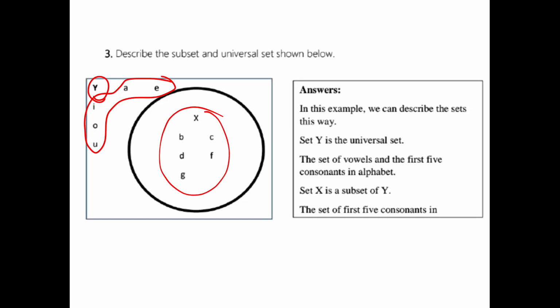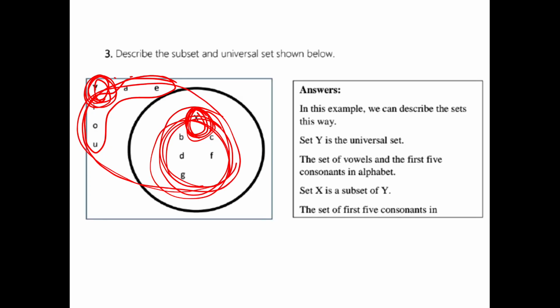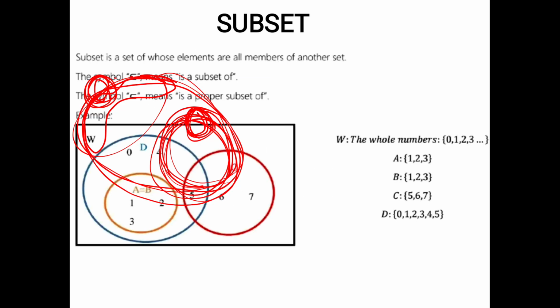So set X is a subset of Y. Therefore, it means that all elements found here come from the elements of Y. So Y has a bigger value compared to X. So that is the subset and universal set.